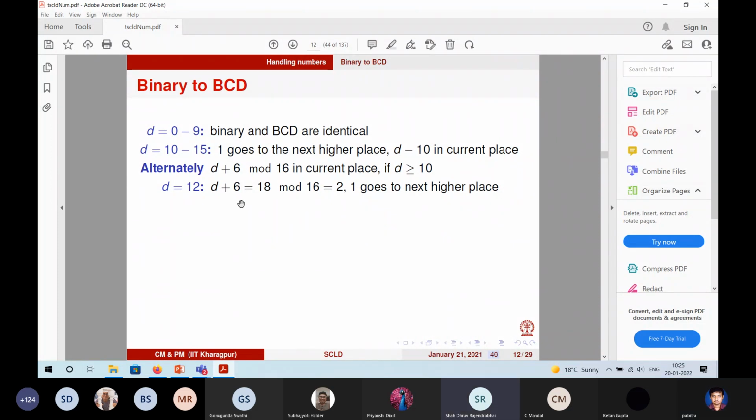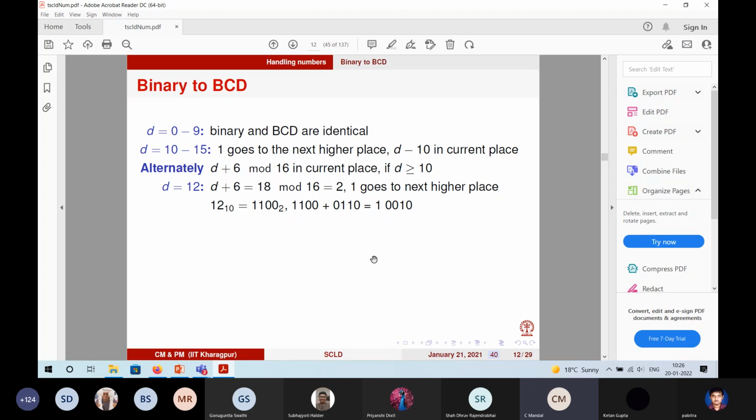Sir, can you show this with an example? I didn't get this. Okay, let us take this example. Say D is 12. Just think that you got two numbers, say 6 and 6. Suppose you add the two, your result will be 12, right?